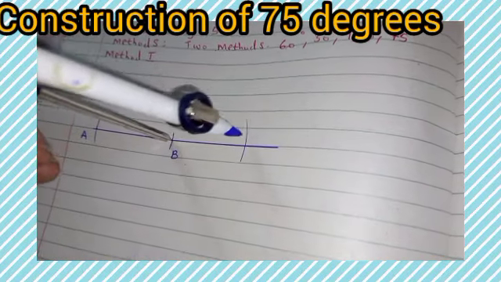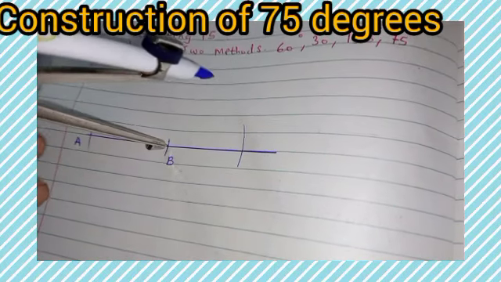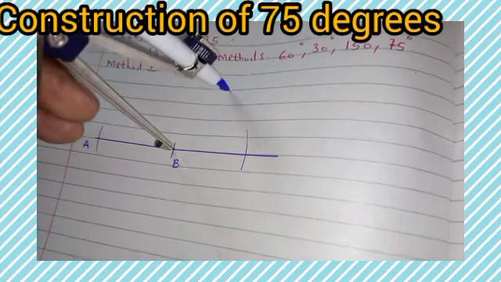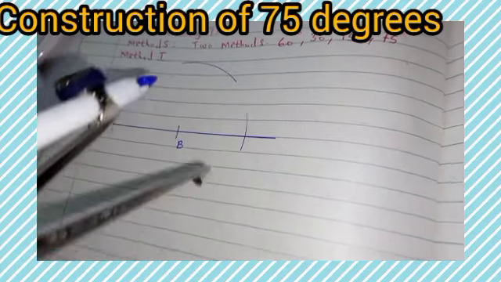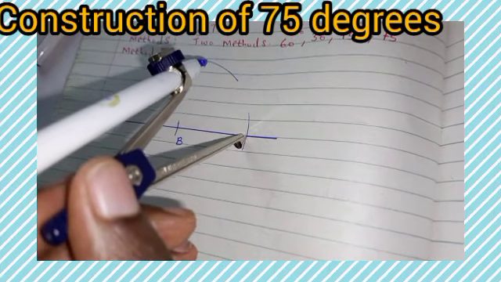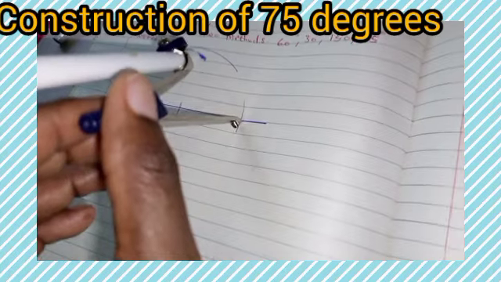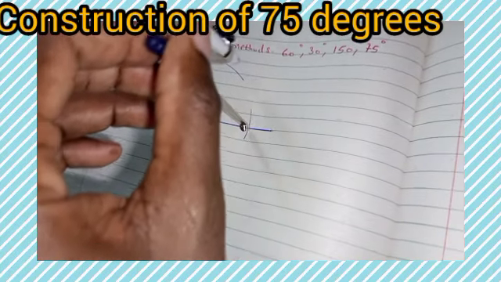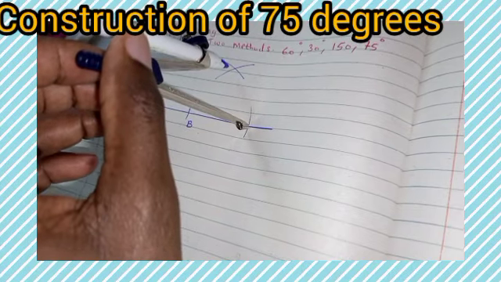We make an arc there. Then we make another arc up there, and another arc there. At this point, you place your pair of compass and make an arc that way.